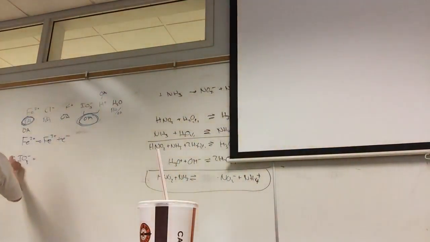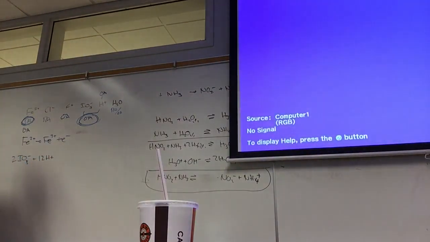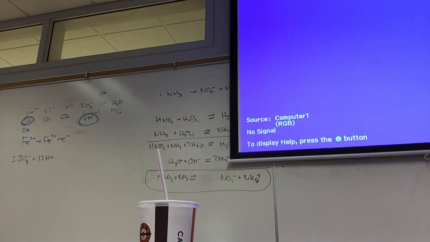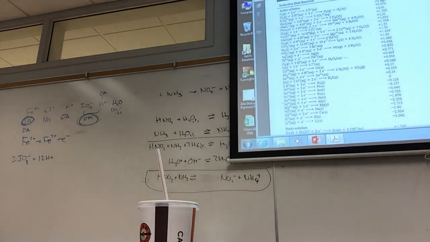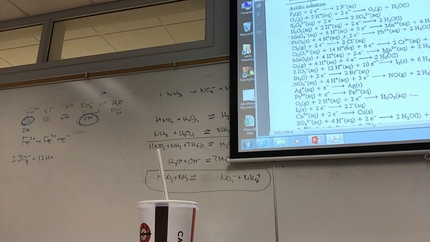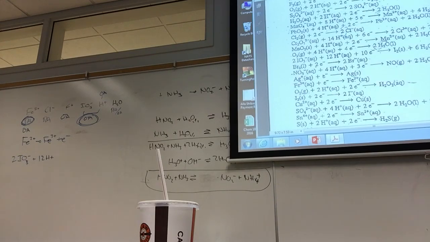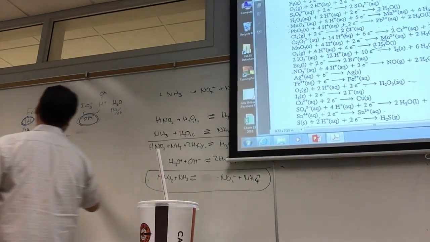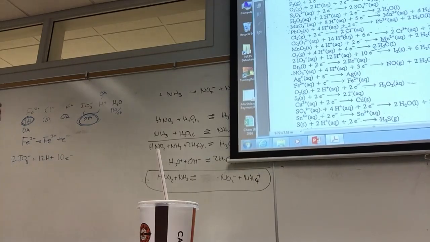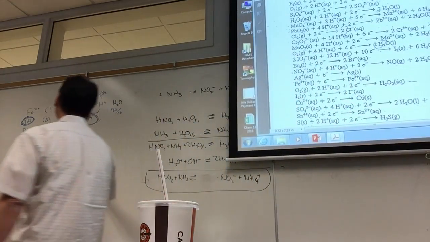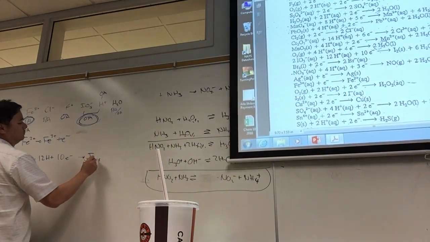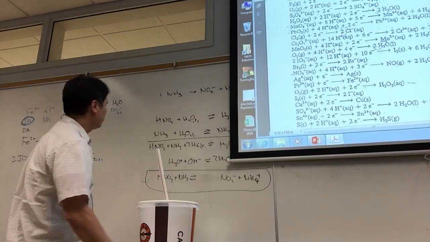So I go 2 IO3 minus plus 12 H plus, plus 10 electrons, yields I2 solid plus 6 H2O liquid.